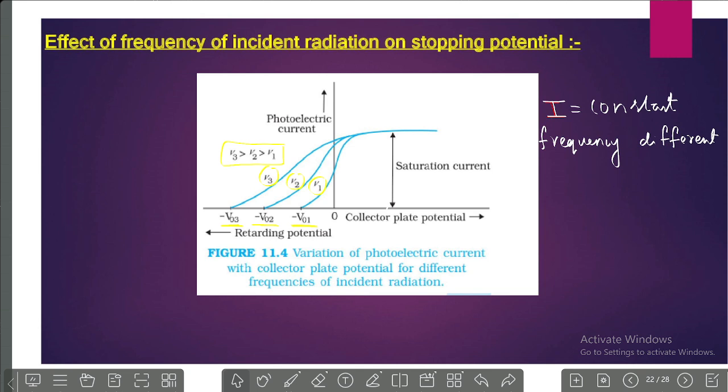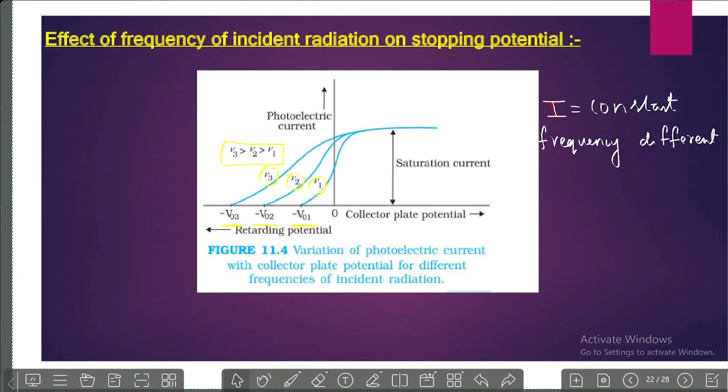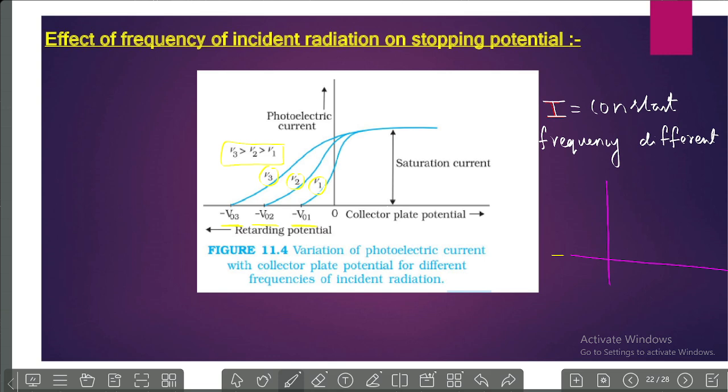Now, in terms of wavelength also you can write. Suppose the graph is like this, collector potential versus photocurrent.